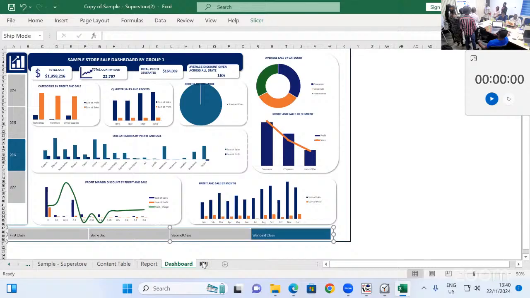And in terms of shipment methods, we stick more to the standard class. We will realize more profit at a very, very high margin. I recommend that for first class, same day, and second class shipments, we could schedule them.